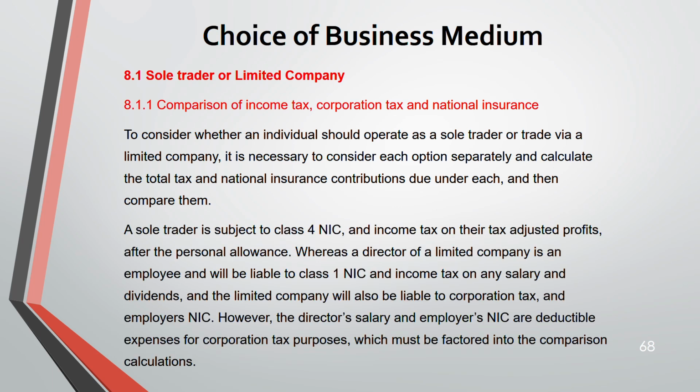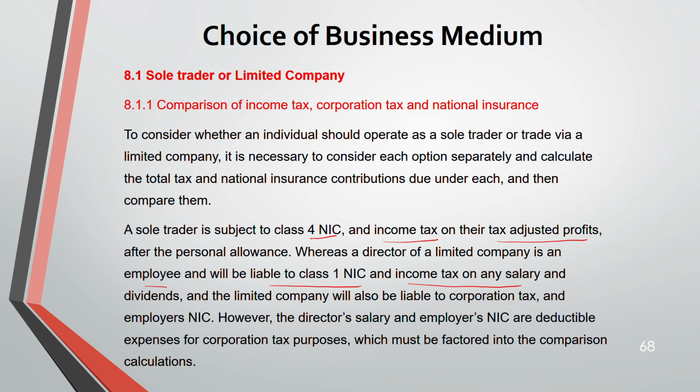A sole trader is subject to class 4 NIC and income tax on the tax adjusted profit after the personal allowance. But a director of a limited company is an employee, therefore he'll be liable to class 1 NIC and income tax on any salary and dividends.